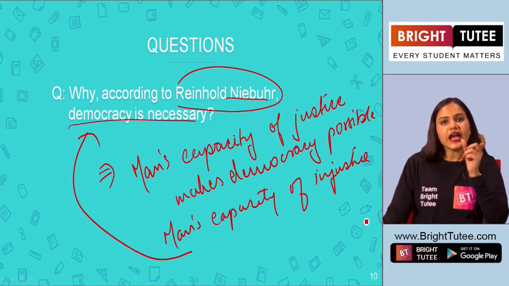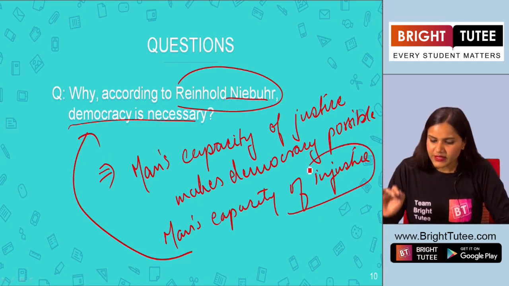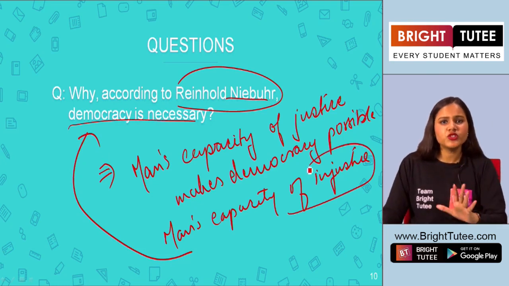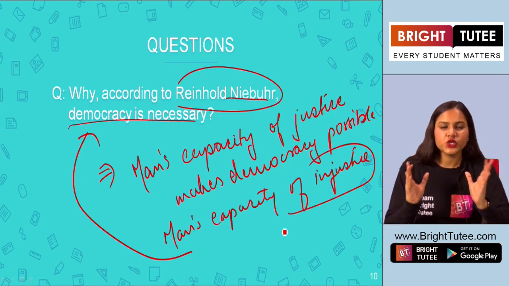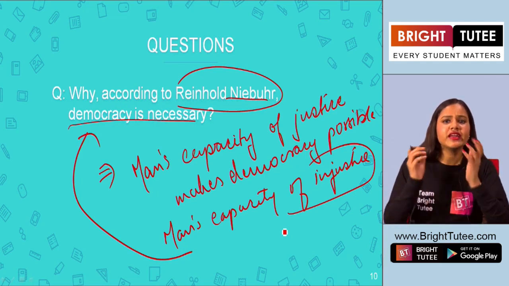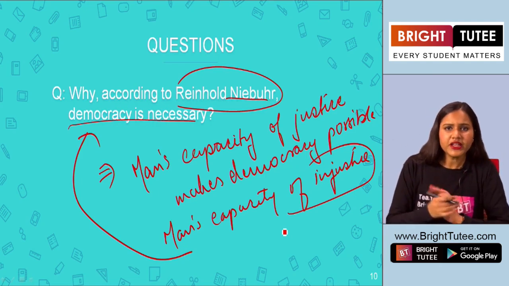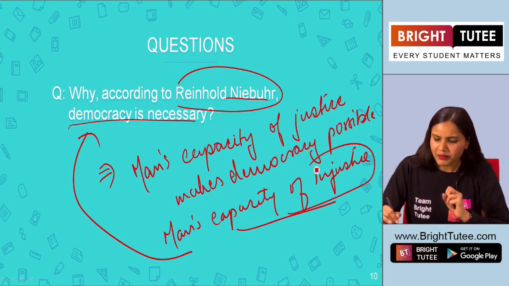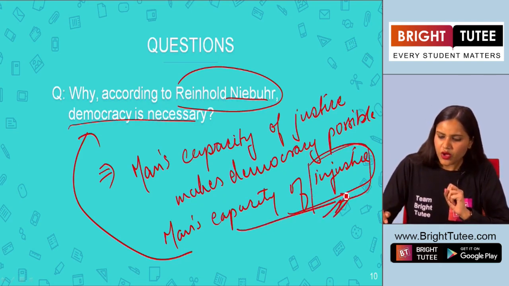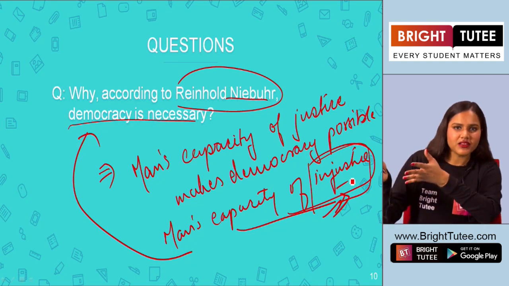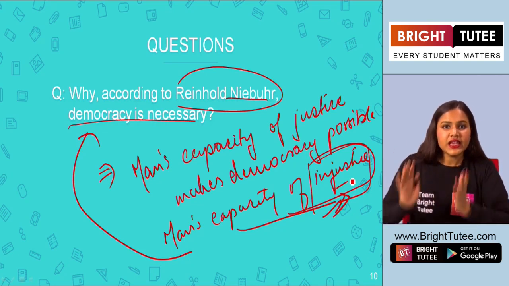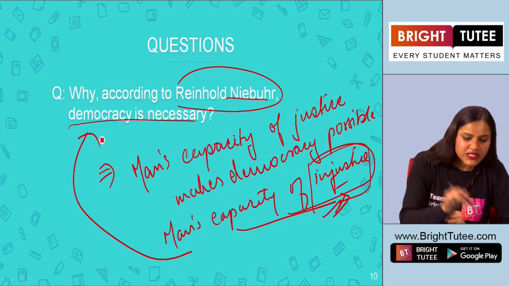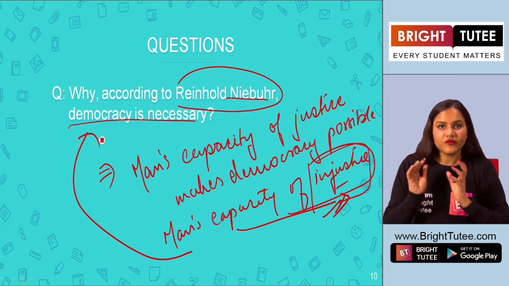So basically, I also made you understand this point, that we are prone to be corrupted all the time. In today's generation, we see that people are getting easily corrupted, right? So basically, we have the capacity to follow this path of injustice, to be unjust towards others. So this capacity makes democracy necessary in a country. Why?